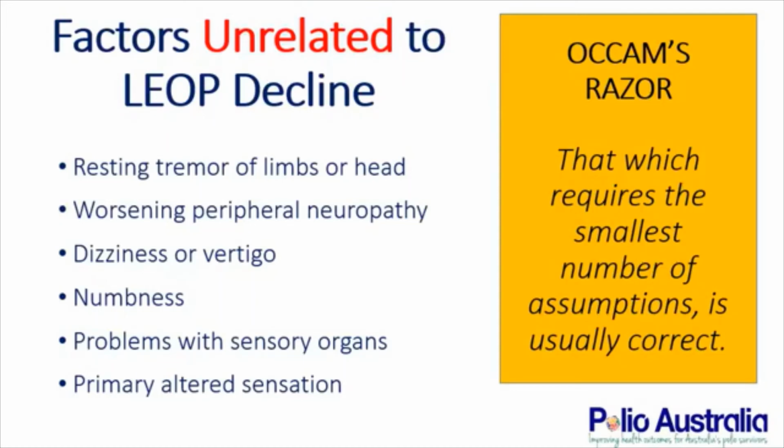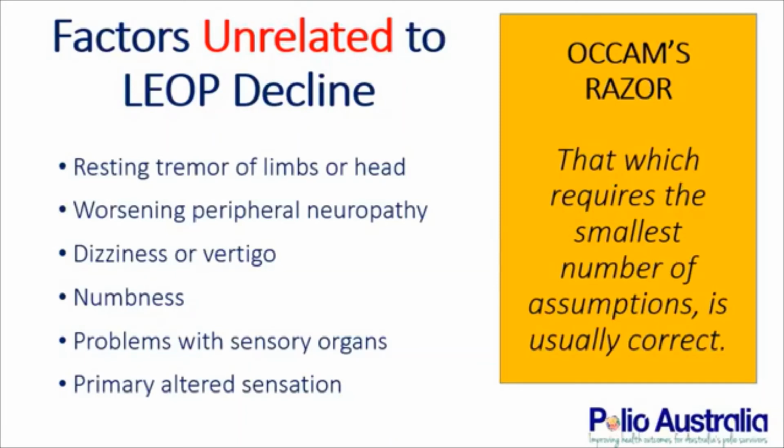One clinical rule or tool that we can go by is Occam's razor. When we look at this cluster of symptoms, that which requires the smallest number of assumptions is usually correct. So if we have a patient in front of us reporting a particular symptom, and we'd have to assume that you had polio, we'd have to assume X, Y, and Z, then we'd say, oh, well, this is attributable to late effects of polio.